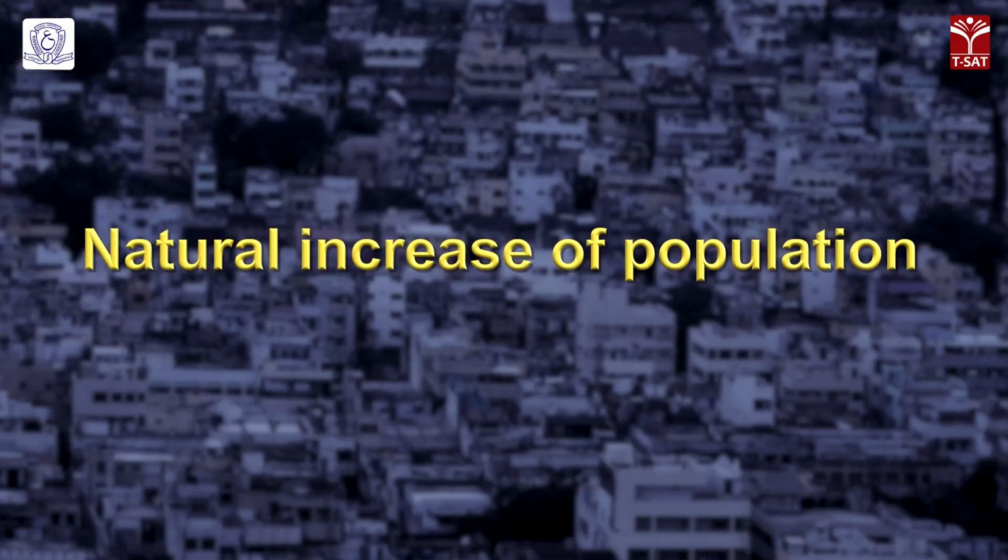The development of rail communication in backward areas also promoted migration of population from these areas to the towns, cities and metropolises. Coming to the seventh one, natural increase of population. This is one of the most important factors for the current urbanization in the world.